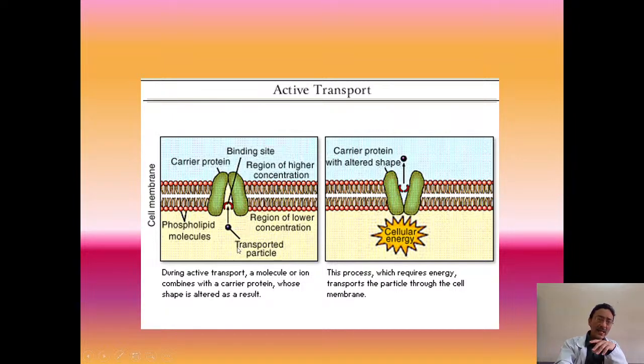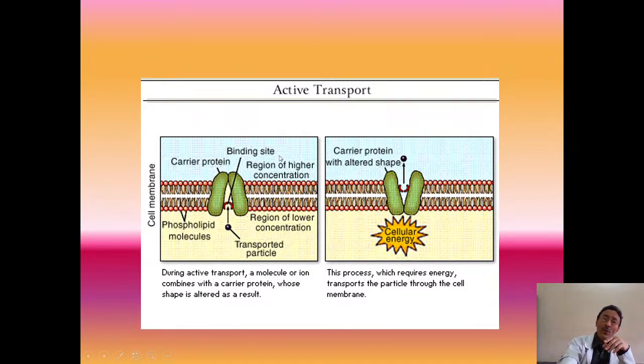Now this end here is the region of the lower concentration and this end is the higher concentration. Now whenever a substance has to be moved from inside to the outside, let's say for example, the sodium ions which are on the outside more and less on inside, if it has to be transported, so sodium has to be transported from the region of lower concentration to a region of higher concentration.